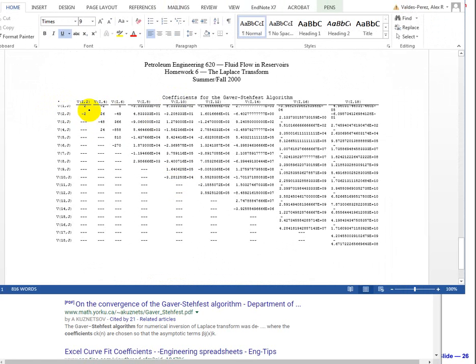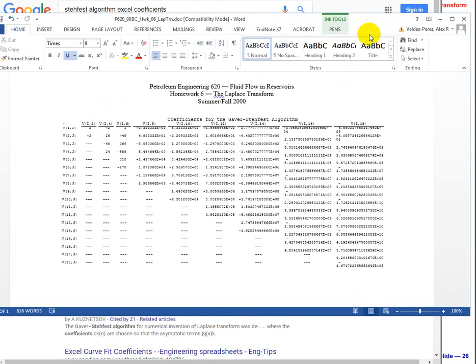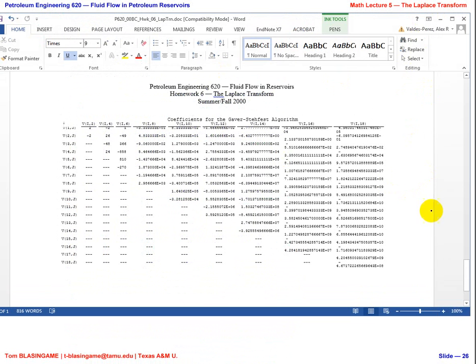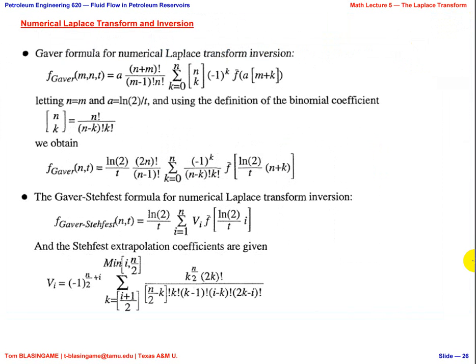If you are going to use 2 terms, these are the coefficients. 4 terms, these are the coefficients. 6 terms, and so on. Somebody already did that, so you have it there. Unfortunately, you may be required to compute these V's by yourself, but at least you have a framework to compare your results.